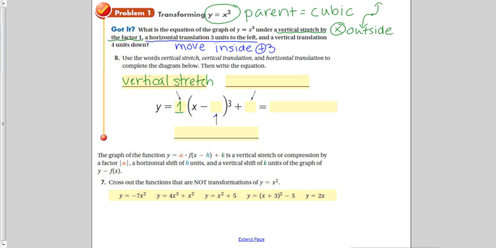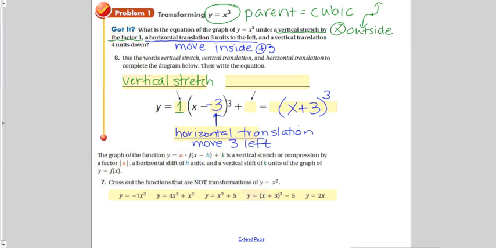So in my equation, that's going to happen down here. This is my horizontal translation, where I move 3 left. So technically I'm going to subtract a negative 3. Over here on the right, I would probably write that as a plus 3 instead.